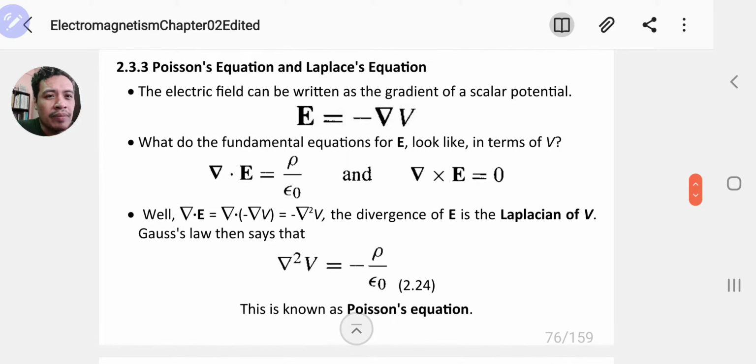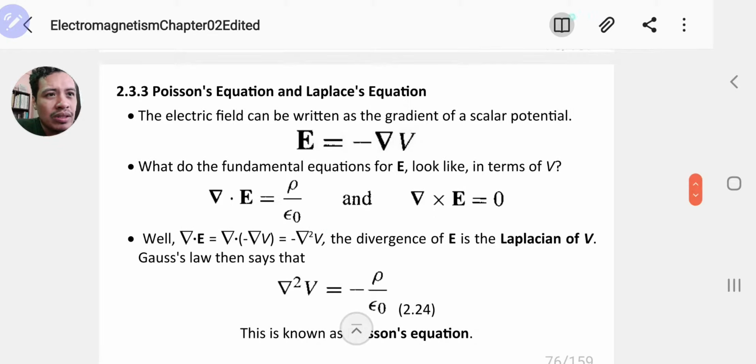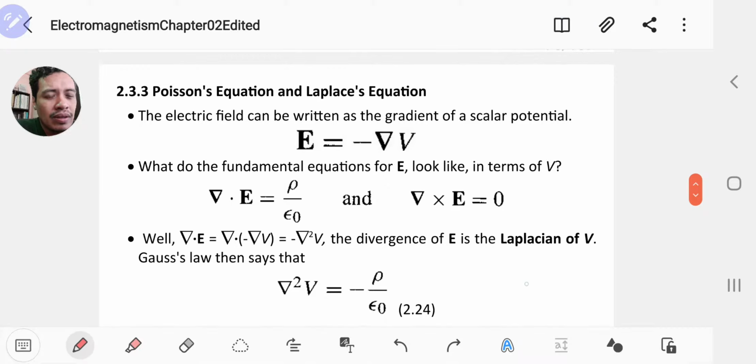So anyway, this one right here is called the Laplacian of V. That's the second order three-dimensional derivative of the electric potential.